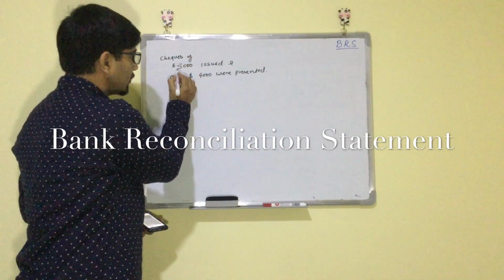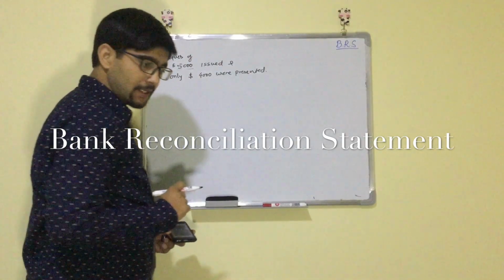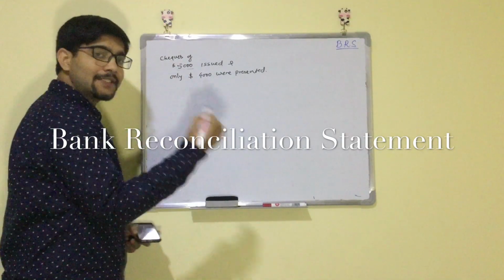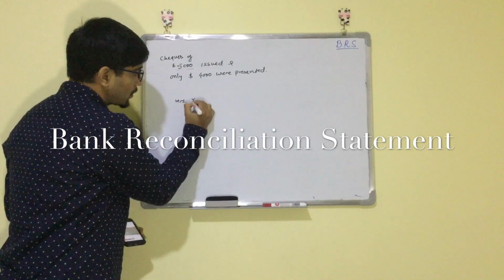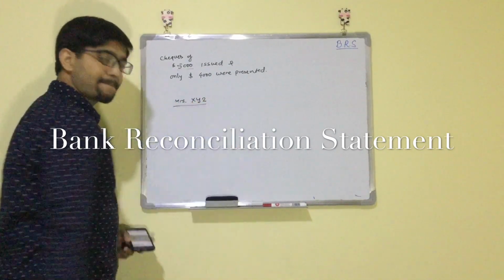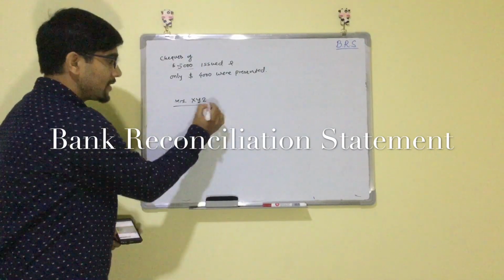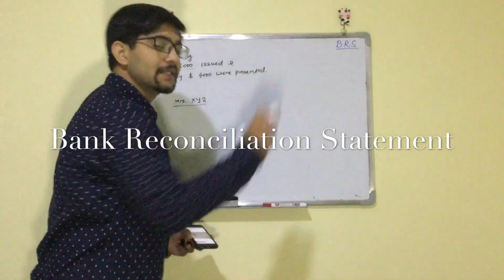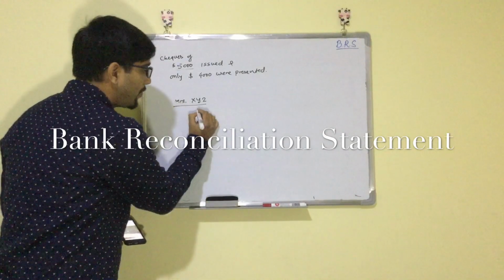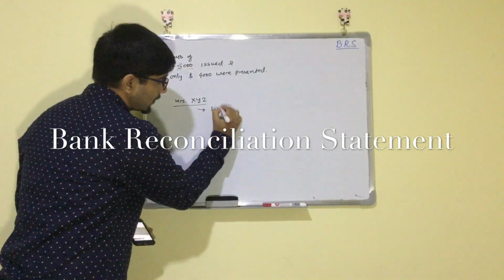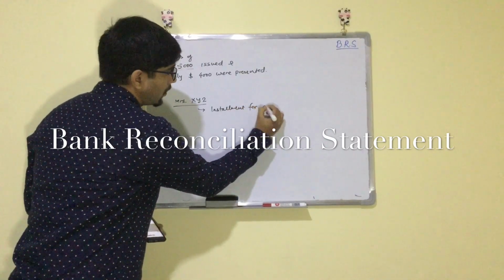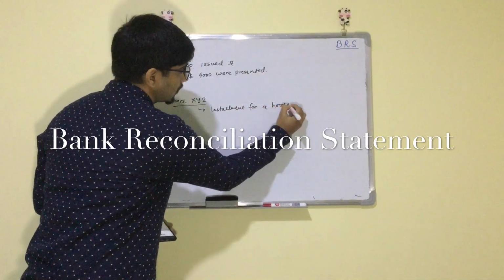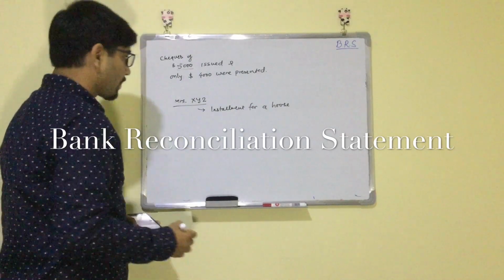Checks of $5,000 means the organization, let's say it is Messrs. XYZ, has issued a check for the payment. Let's say they have to pay an installment for a house or a building.